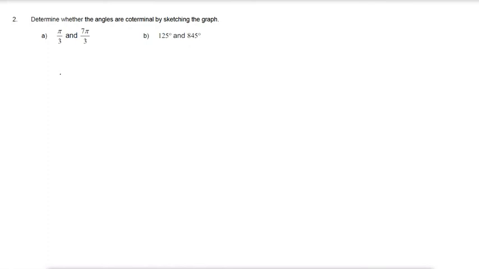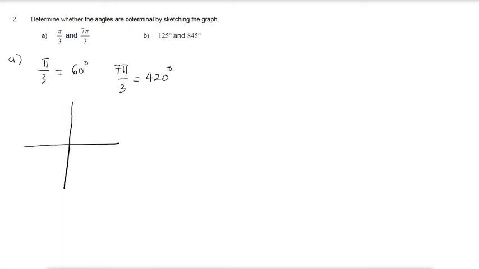This is radian, so pi over 3 to degree is 180 divided by 3, which is equal to 60 degree. For 7 pi over 3, this is 420 degree.